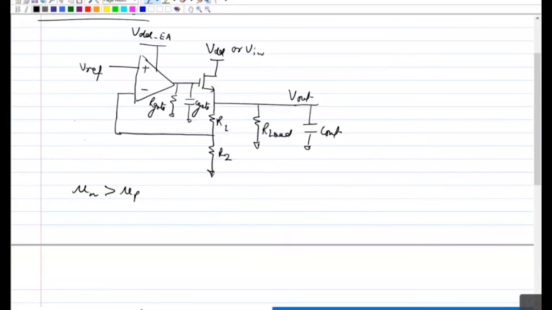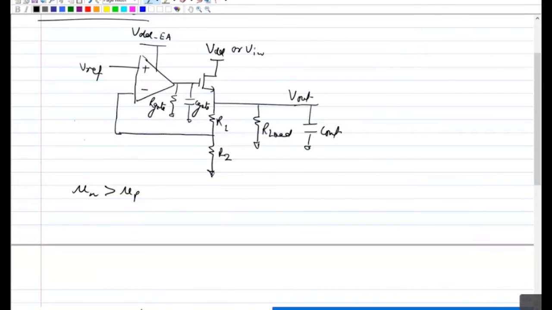So can you tell what this output stage looks like? Which kind of amplifier is it? Common drain. Yeah, common drain or source follower, correct. And ideally your source follower has a gain of 1. So you hardly get any gain from the output stage. And that's why you cannot use the Miller cap here, the Miller effect.